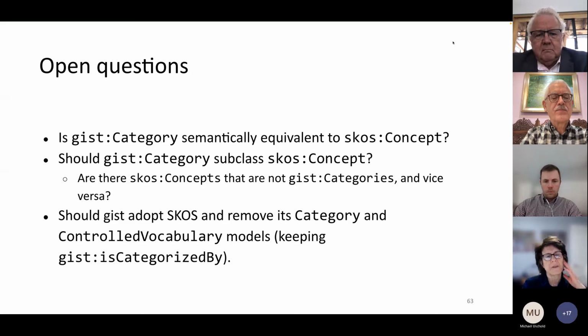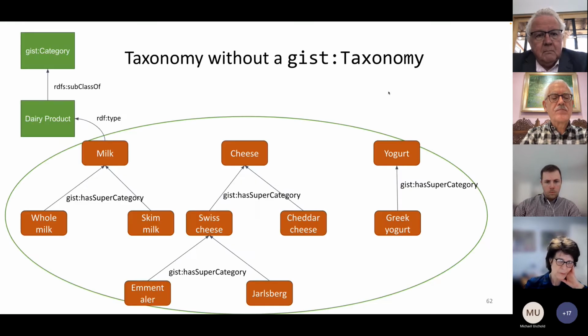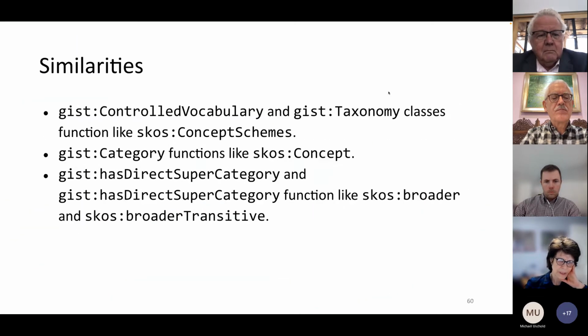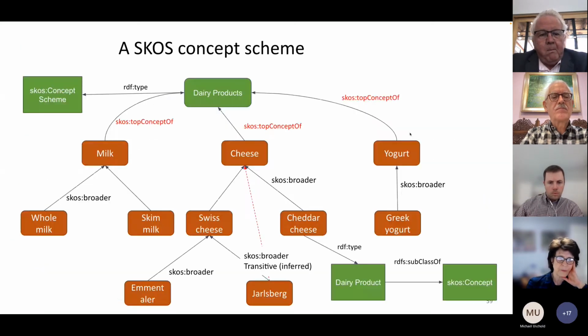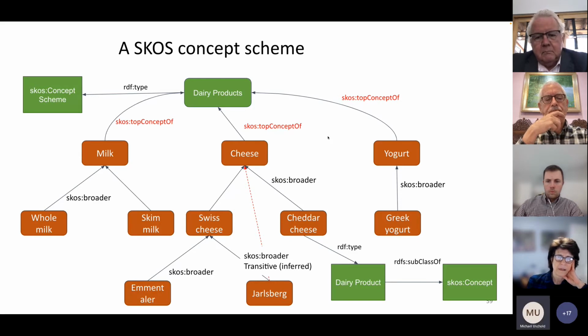I find that useful, except does that actually violate the open world assumption? Because we're saying that there can't be anything in between these two. But I don't know if that matters for taxonomy.